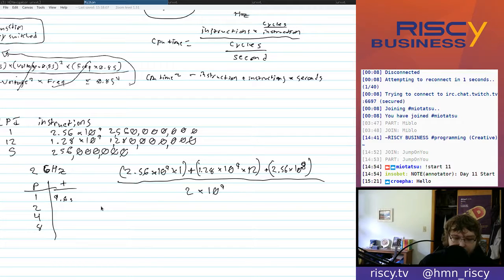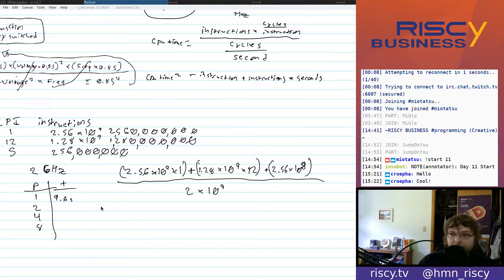So, if I understand the question correctly here, it's telling me that we're supposed to assume 256 million branch instructions per processor. Which doesn't make sense to me, but we're going to roll with it because that's what the question is asking, I guess.